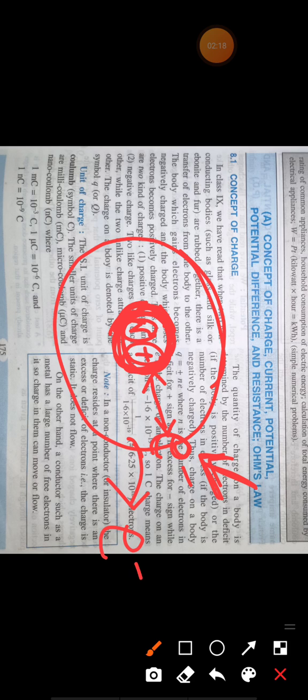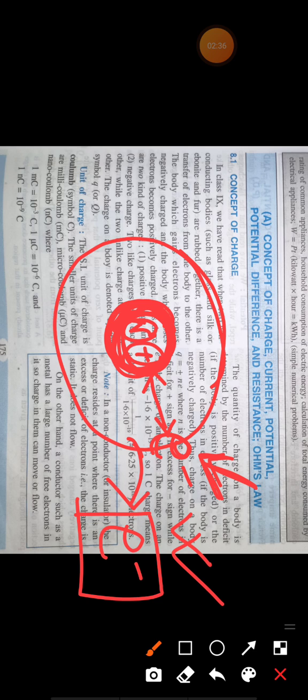When these electrons escape, they become free electrons, and these electrons are basically responsible for the flow of charge. So charge flow means only flow of electrons, because protons, the positively charged particles, are inside the nucleus, they cannot escape from the nucleus.